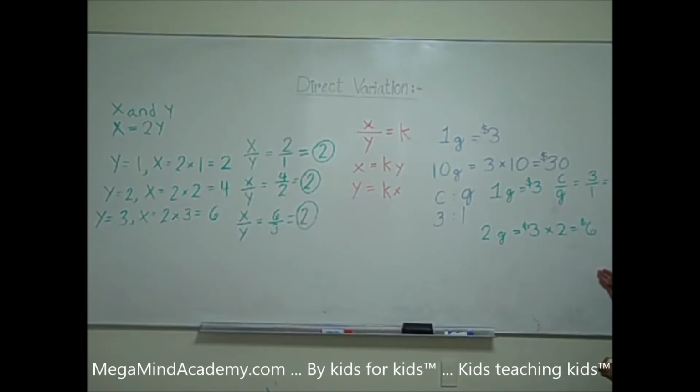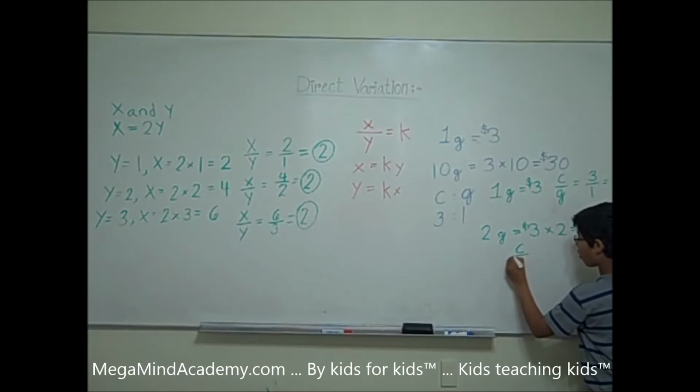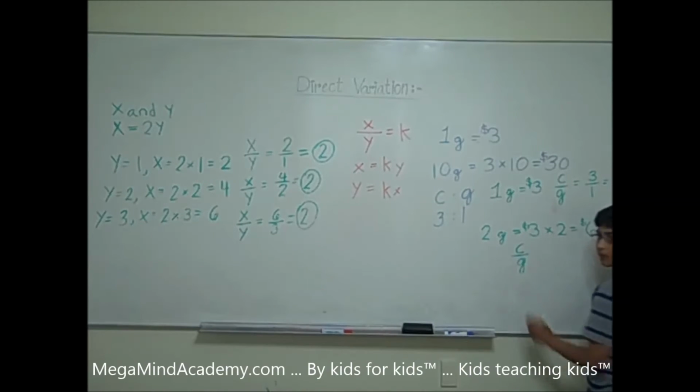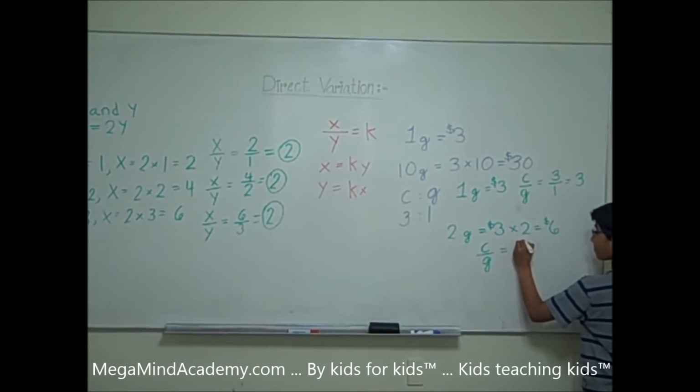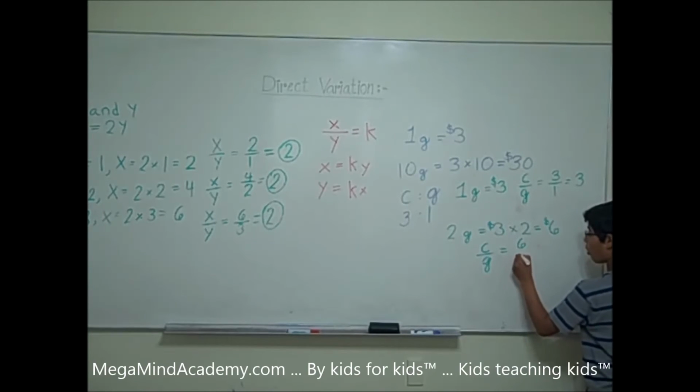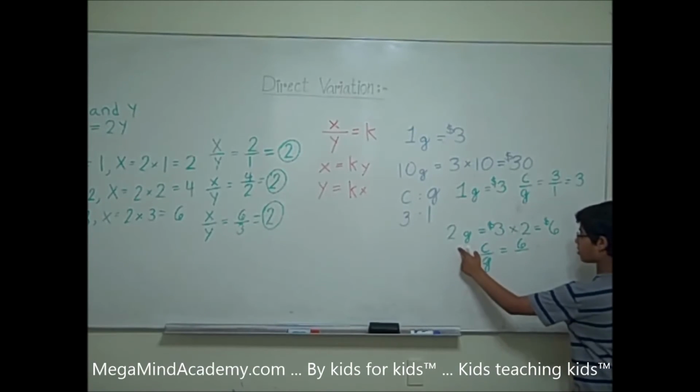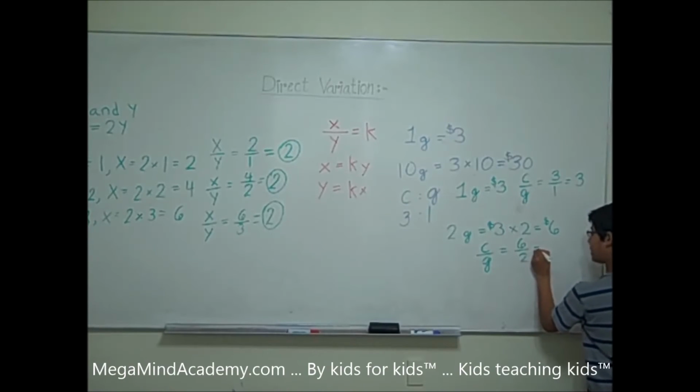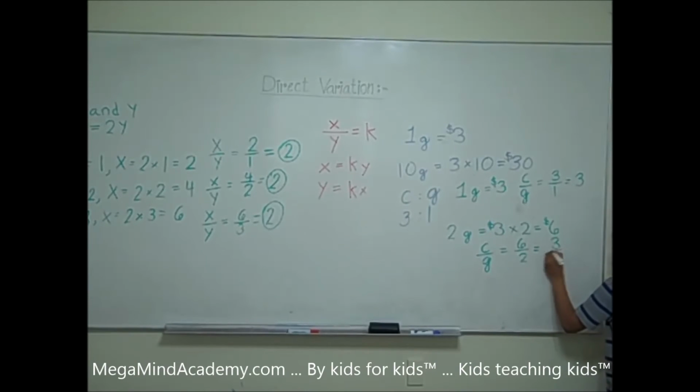Now let's write 2 gallons and $6 in the fraction of cost over gallons. So cost over gallons is equal to cost $6 over the number of gallons, 2 gallons, which is equal to 3 over 1, which is equal to 3.